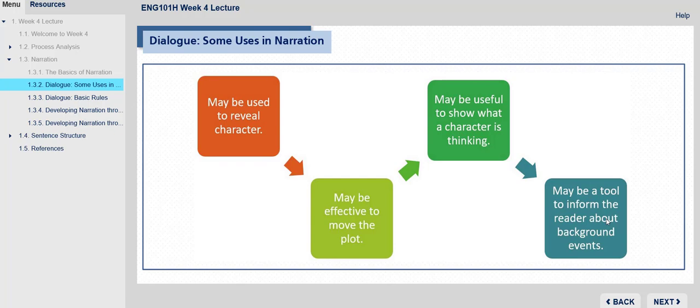Then the other character would say, oh my God, Jane has been with Alcoholics Anonymous forever. And then he would tell the whole story about Jane, the alcoholism, how she joined Alcoholics Anonymous, and how Jane now is sober. I'm not going to go into it, but then you get the backstory. So dialogue can also be used to tell a backstory.